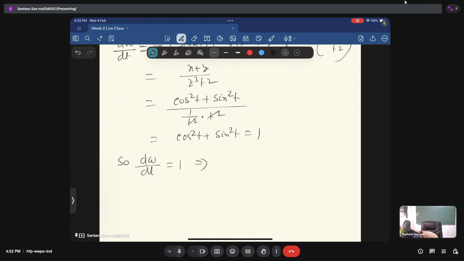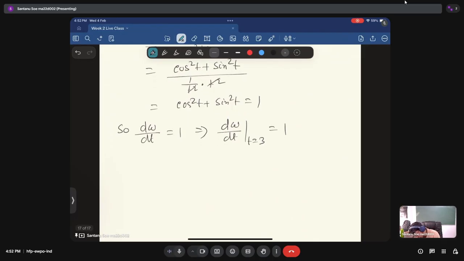So this will imply that dw by dt at t equals 3 is also 1. Because for any value of t, the derivative with respect to the variable t is nothing but 1. So at the particular point t equals 3, it will also be 1. So hence dw by dt at the value t equals 3 is 1.